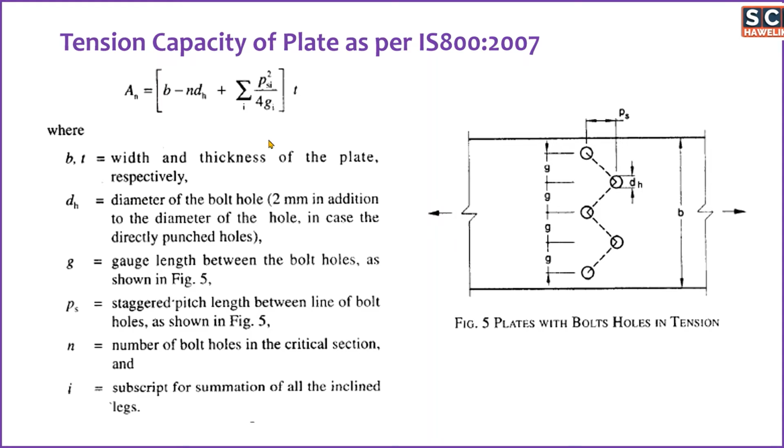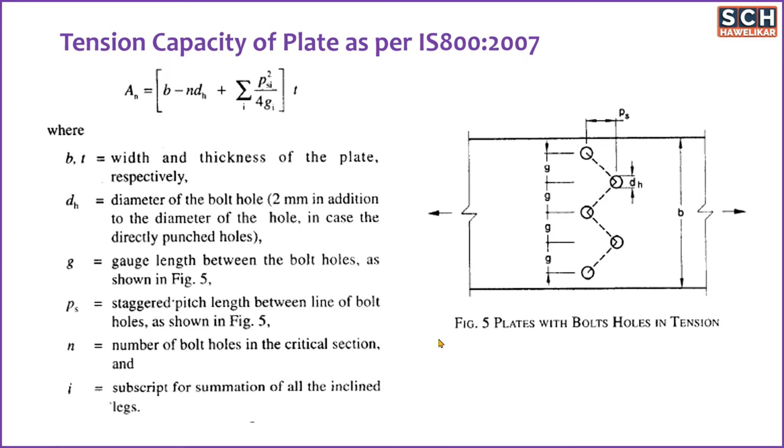Now for the same plate we can apply a number of bolts depending upon the pattern for the bolts. It depends upon the size of the plate and the number of bolts we are going to provide.